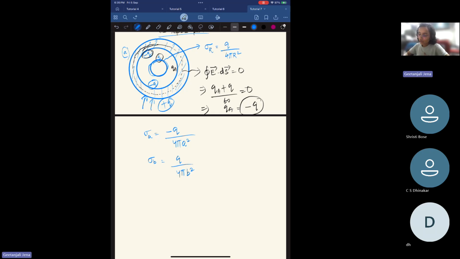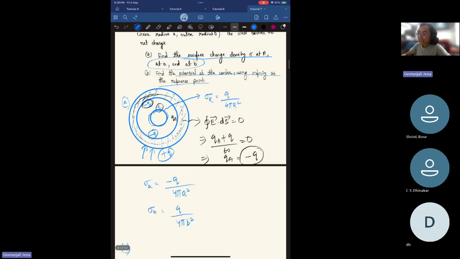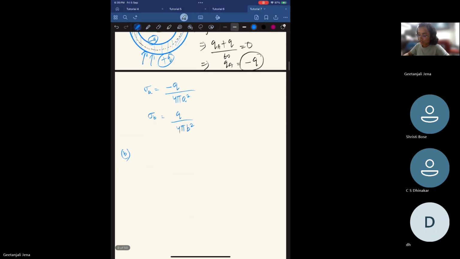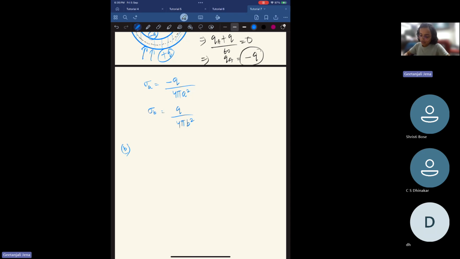Okay, so we know the surface charge density now. For the second case, we need to find out the potential at the center by taking infinity as the reference point. It's also easy.